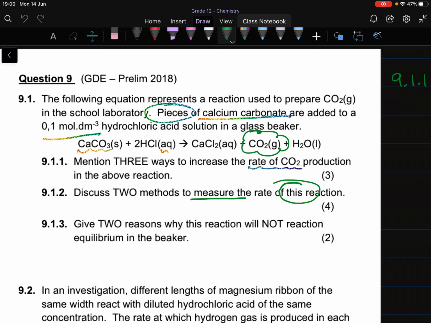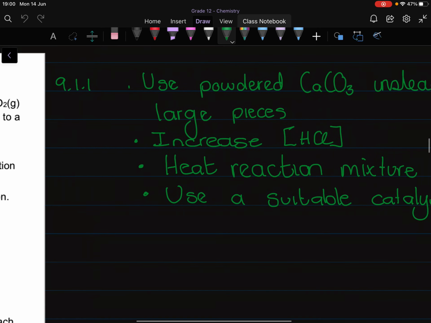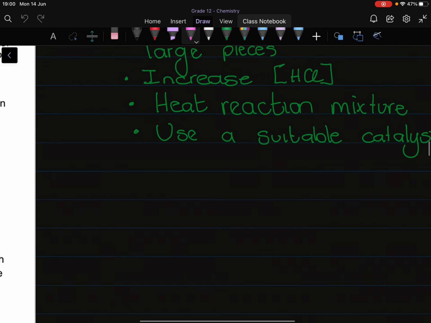Okay? They say discuss, in science that doesn't mean long paragraphs, okay? So let's talk about what happens when we measure the volume. They're not actually asking me how I'm doing it. They just want to know what we're going to measure.